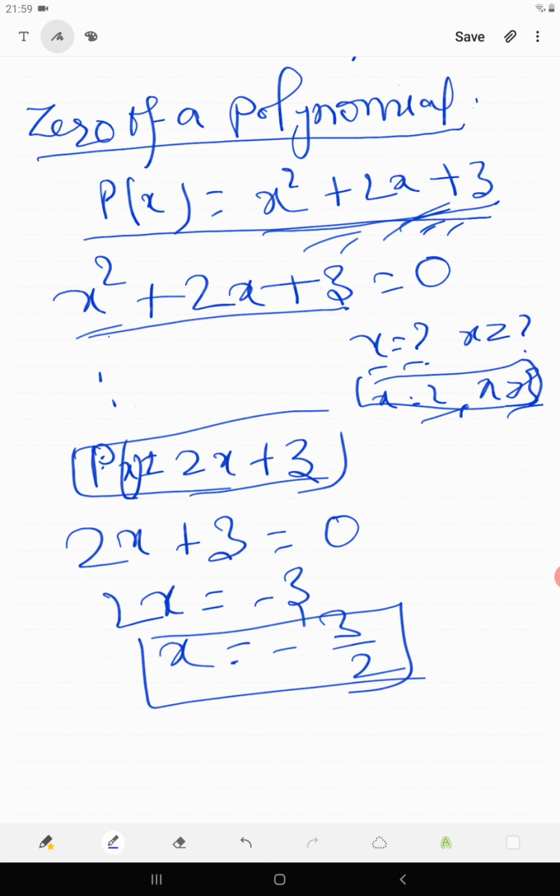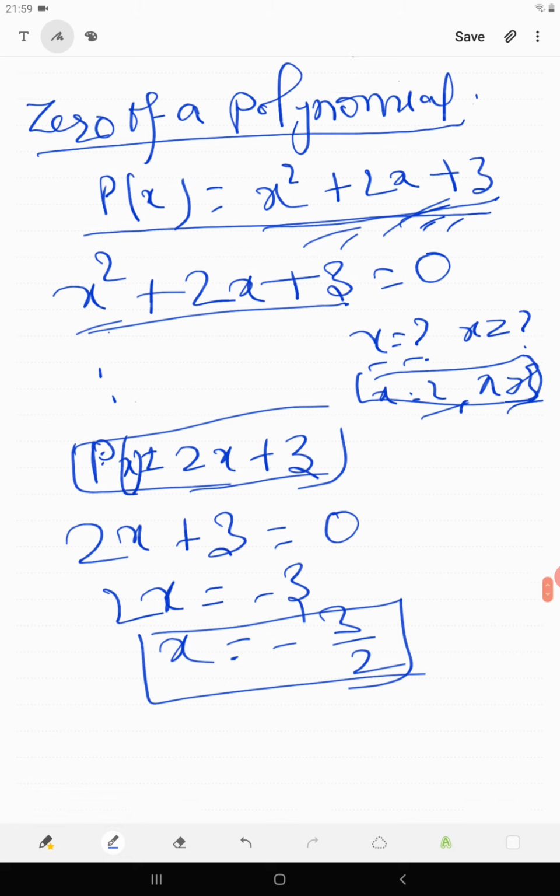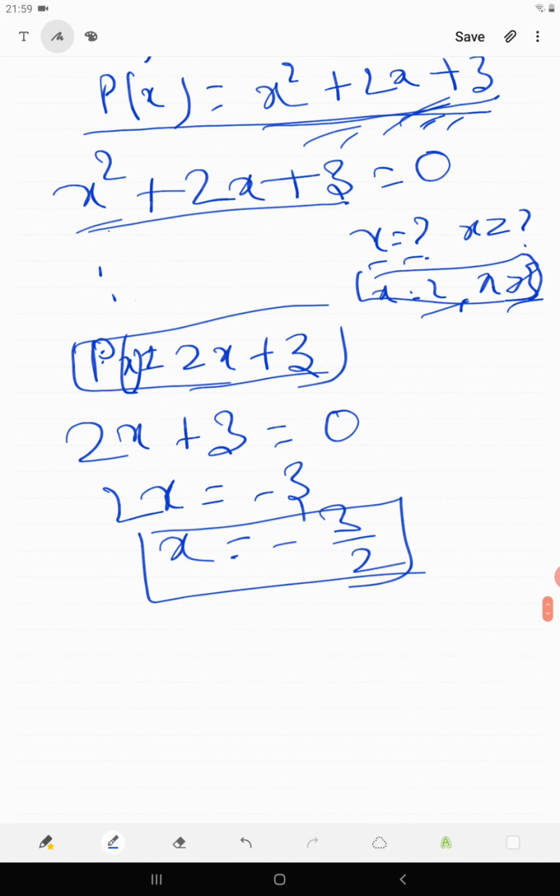It doesn't matter, a polynomial can be of any form, like p(a), p(b), p(c), p(d), up to p(z) also. So just equate the right hand side with 0 and solve the equation, and whatever values of x you get, those will be the zeros for the given polynomial.